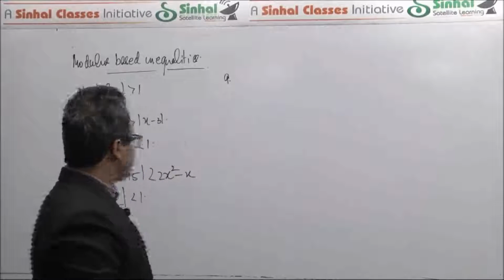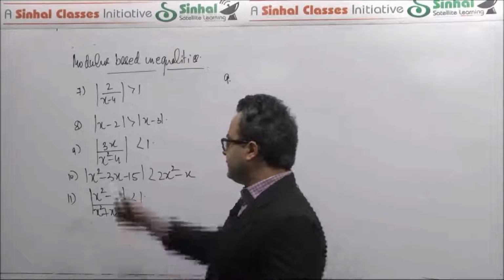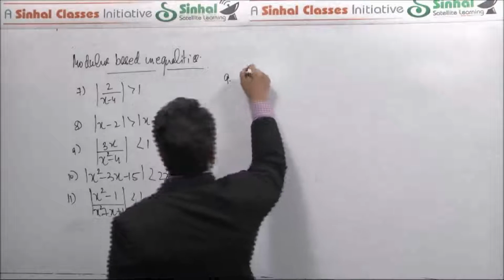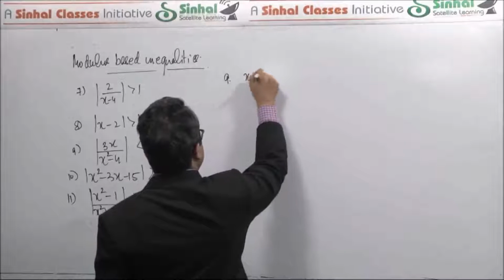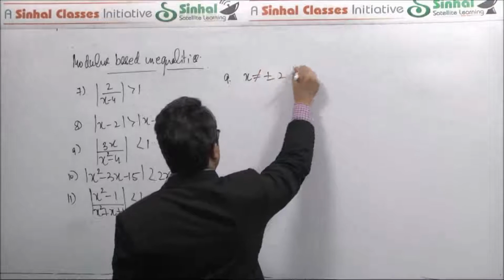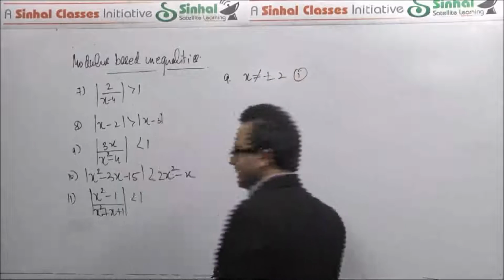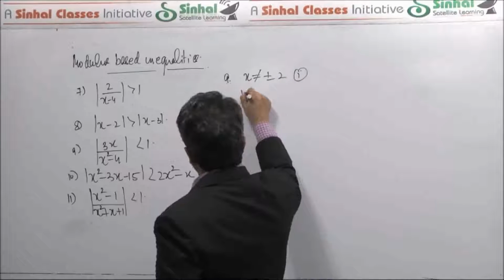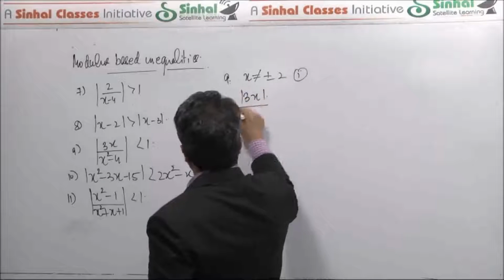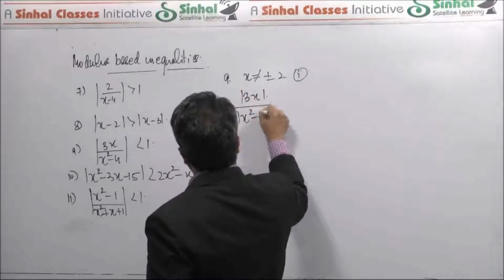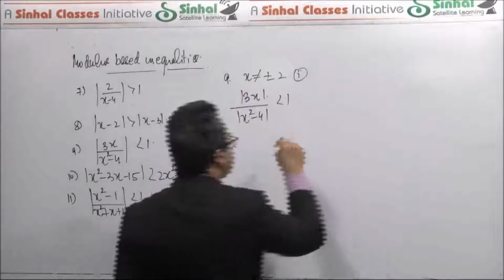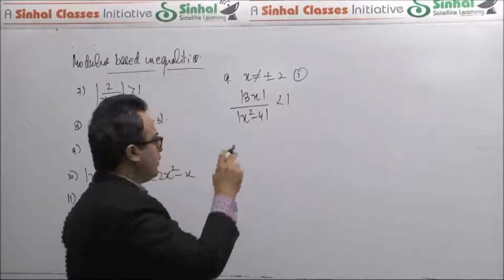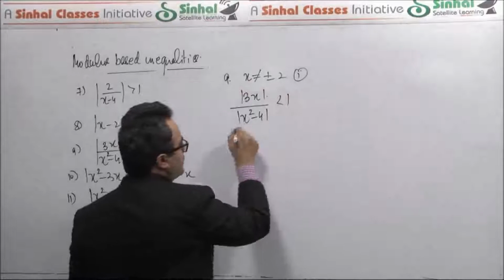For the 9th question, again, we could start by first saying that the denominator should not be 0, which means that x cannot be plus or minus 2. Then distribute the modulus. Again, as long as x is not equal to plus or minus 2, mod of x square minus 4 is always positive, so cross multiply.